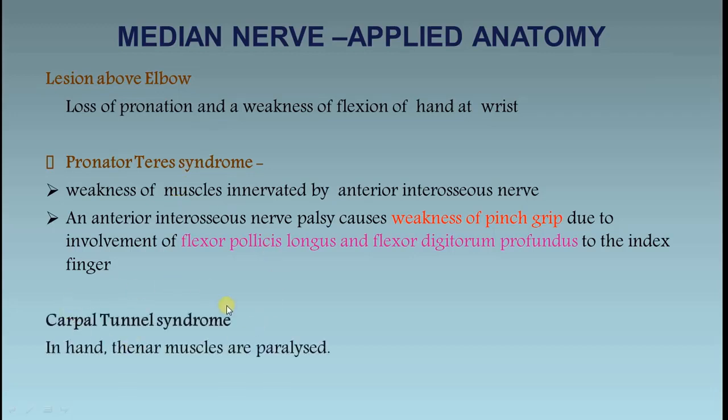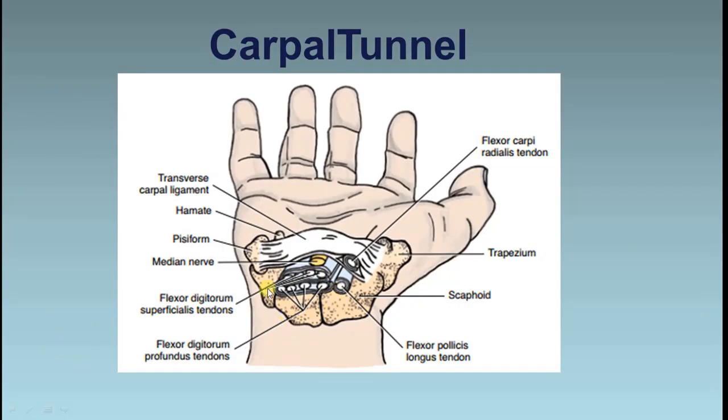And the other one is the carpal tunnel syndrome, where the median nerve is getting trapped inside the carpal tunnel. So this is the carpal tunnel. I will be speaking in detail about the carpal tunnel in some other class. It is a narrow osteofibrous tunnel between the flexor retinaculum and the proximal row of carpal bones, scaphoid, lunate, triquetral, you are able to see.